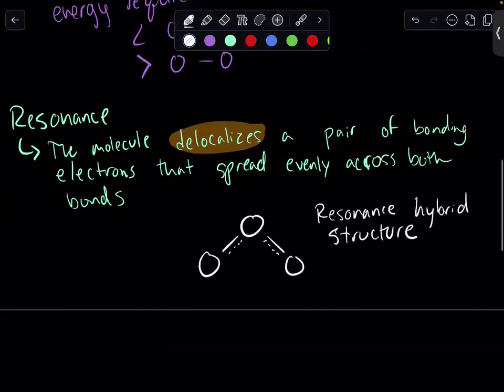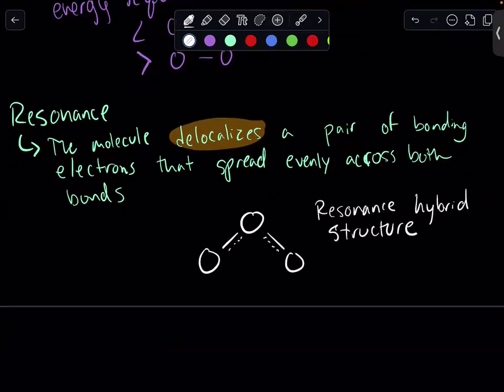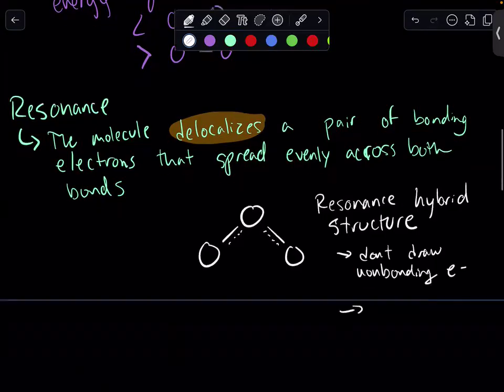A couple things of note about the resonance hybrid structure that you've already noticed is we don't draw non-bonding electrons. And the delocalized pair is drawn with dotted lines.